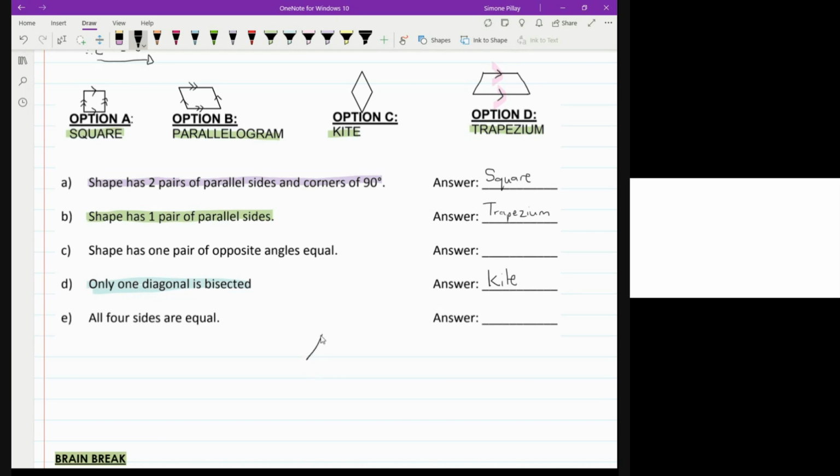If you think about what a kite looks like, there's one long diagonal and then there's a short diagonal. On my long diagonal, this part up here is shorter than this longer part. So that diagonal is not bisected, but there is one diagonal that is bisected, and that is my short diagonal. So that would be a kite. That was correct. Thank you, Itandile.